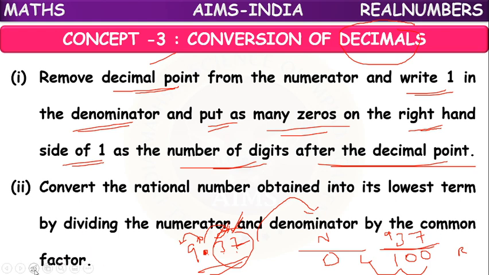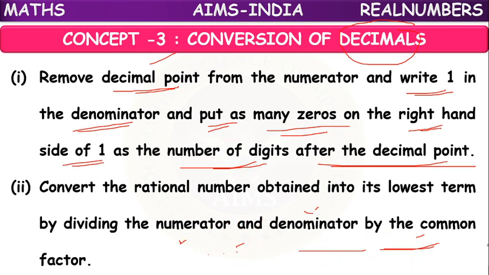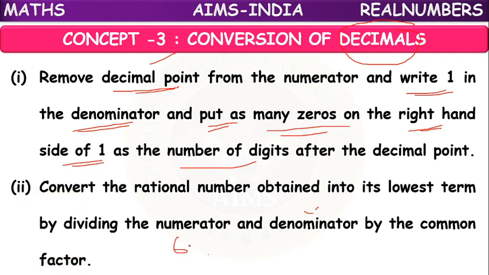So it's very simple, children. Let's take one more decimal number, 6.125. I want to convert this into a rational number, in terms of p by q, numerator over denominator.